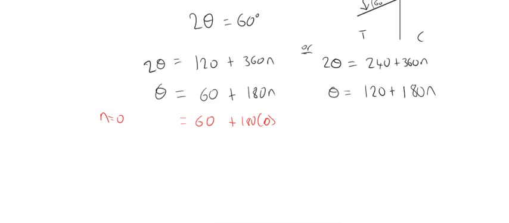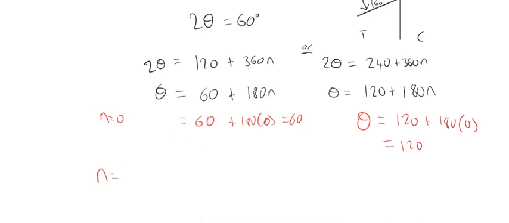So it would be 60, so that's one solution. Then over here, theta equals 120 plus 180 times 0, so that would be just 120. So that's one solution, because it is in between 0 and 360.